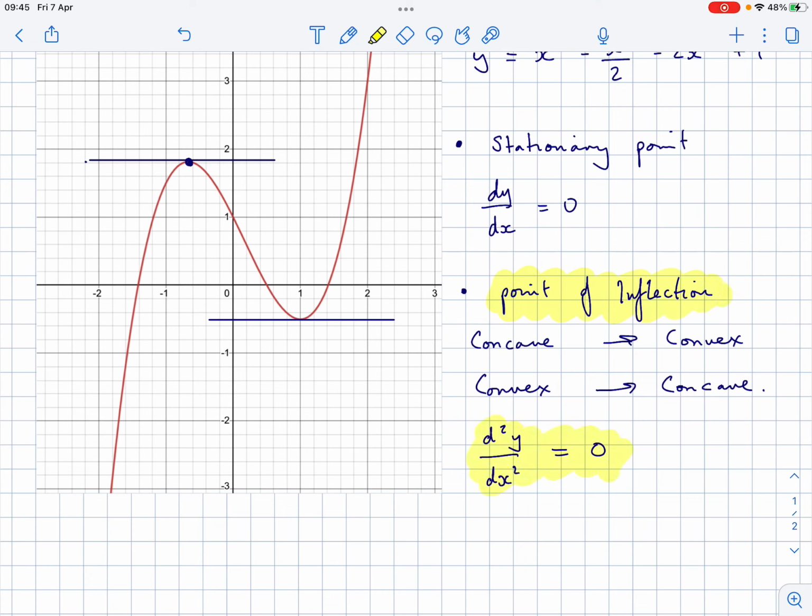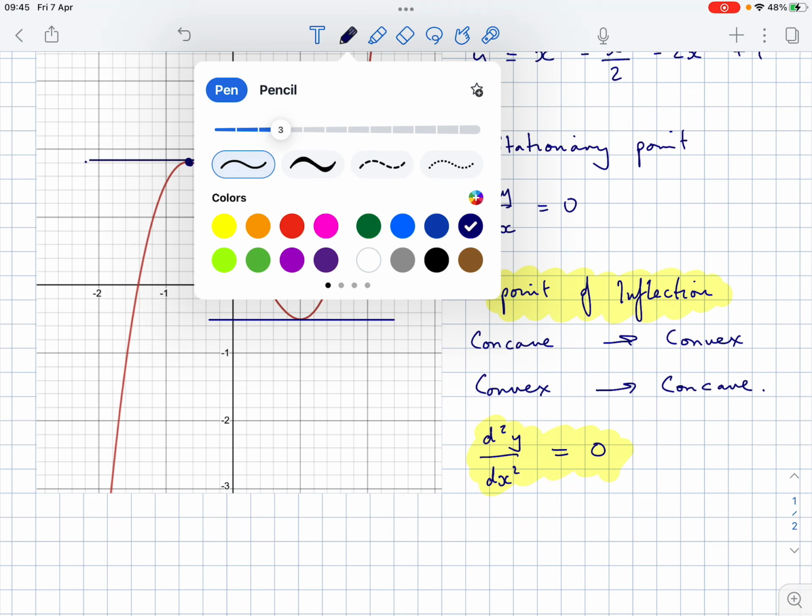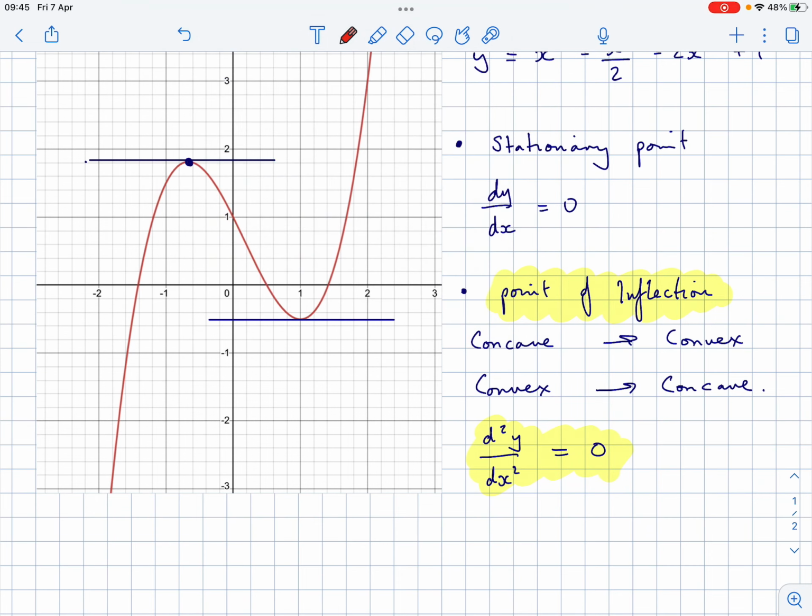Okay. Now, if we look at some of the things that are going on here, the points of inflection, I can kind of just eyeball them, and I'll show you why. Well, there's definitely one there, because I can see how the gradient is changing.